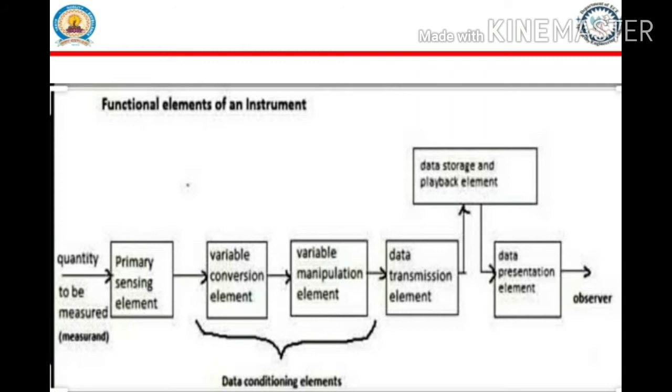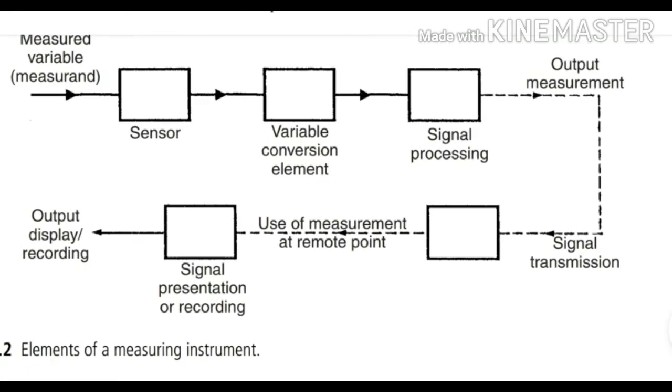The next, we'll start with the block schematic of an instrument. So means general block diagram of an instrument. As we just defined, instrument is a device or mechanism used in finding the physical quantity of the variable under measurement.